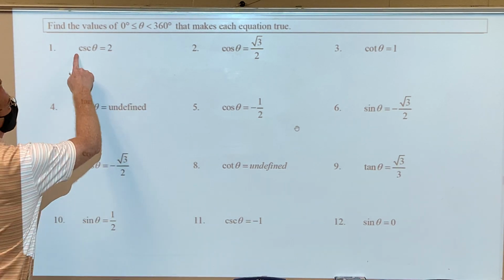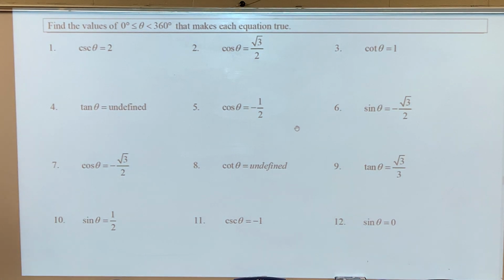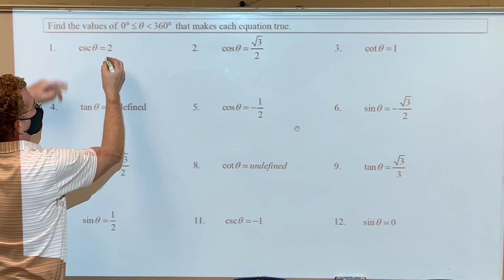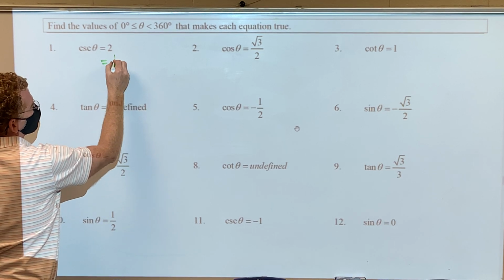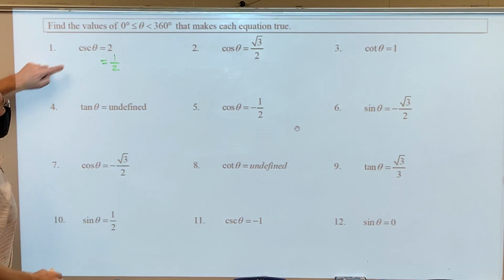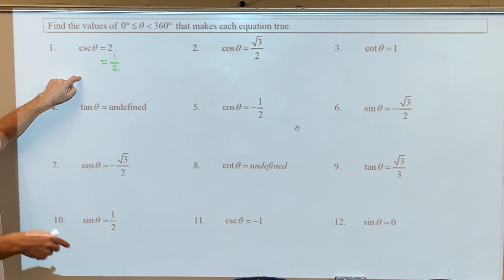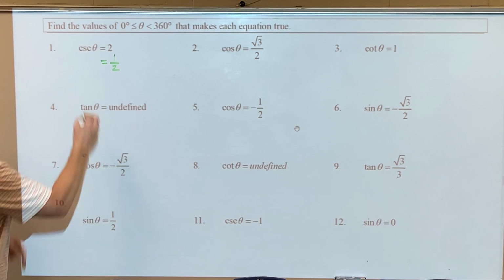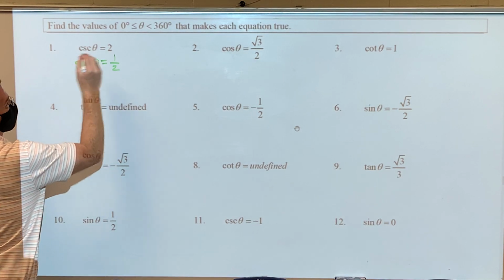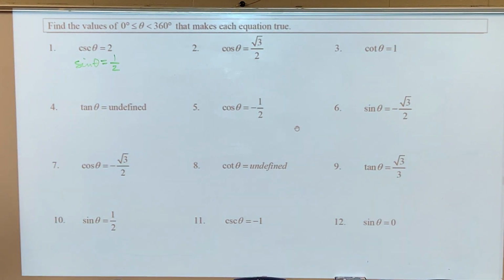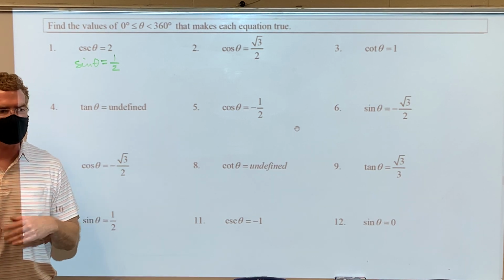And even on this, what about cosecant of 2? You could even go, I'm not a big fan of cosecant, so I'm going to take the reciprocal of both sides, and the reciprocal of a 2 becomes a 1/2, and the reciprocal of a cosecant becomes 1 over cosecant, which happens to be a sine. And I immediately now have a sine equation. Now I can ask myself, where would sine be a 1/2?